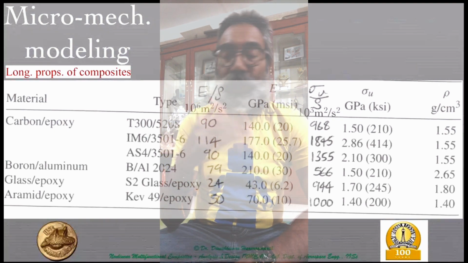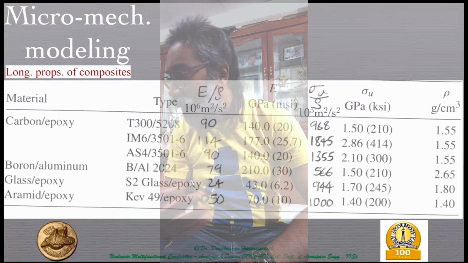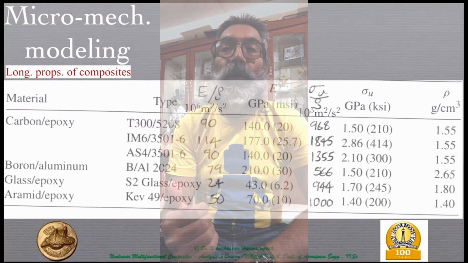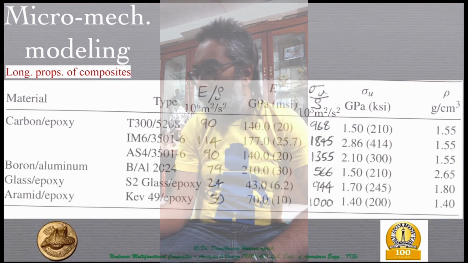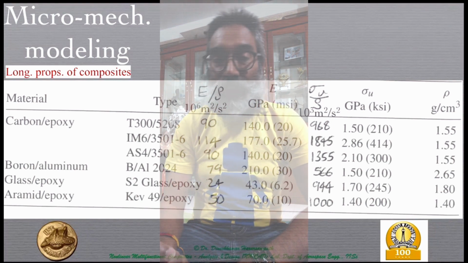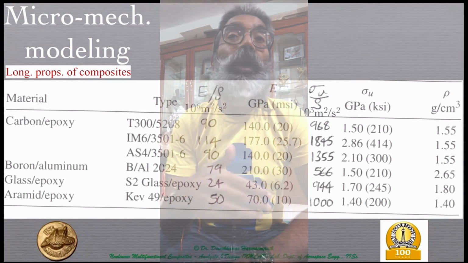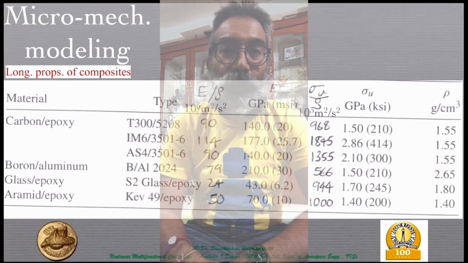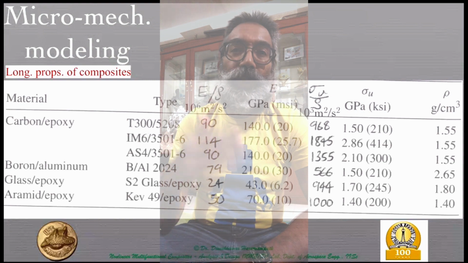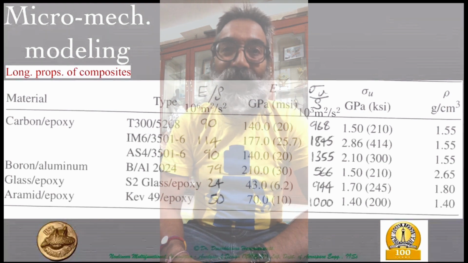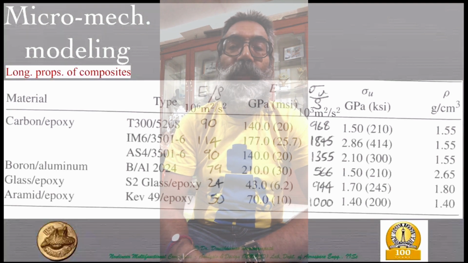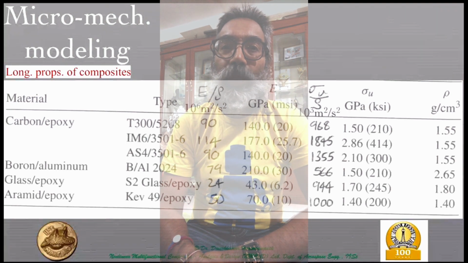So a 10% increase in the stiffness and a 10% reduction in the density means that you are having a 21% increase, because 1.1 into 1.1 is about 1.21, which is a 21% increase in the static performance index for stiffness based design, which is E by rho.